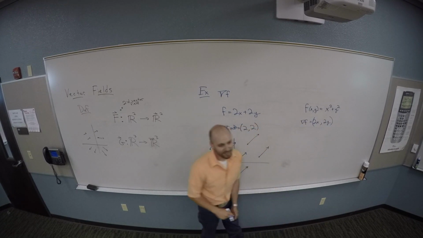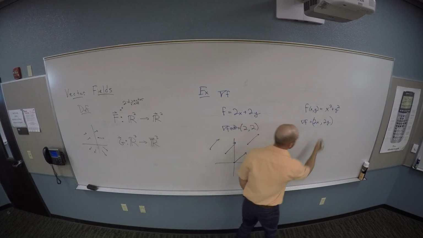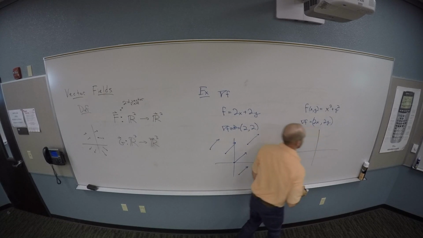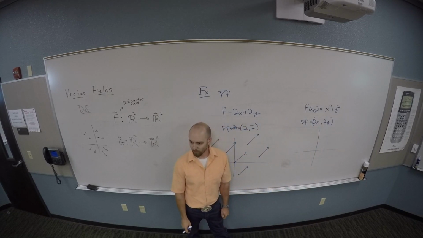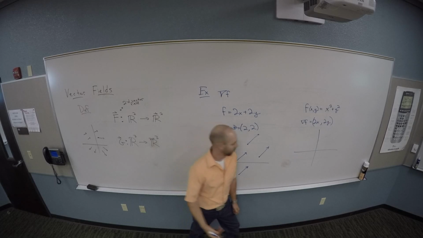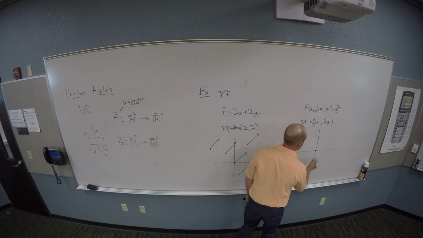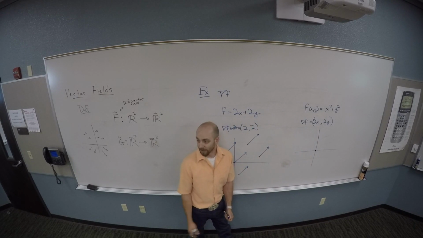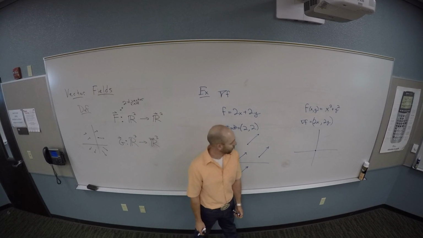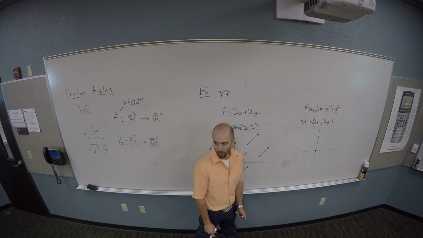Okay, so if I try to draw this thing, what do I get? Yeah, it varies, right? At 0, 0, where does this go? Nowhere. Okay, there's the arrow for that one. There's a 0 vector there. Okay, how about, where else? Go to 1, 1.